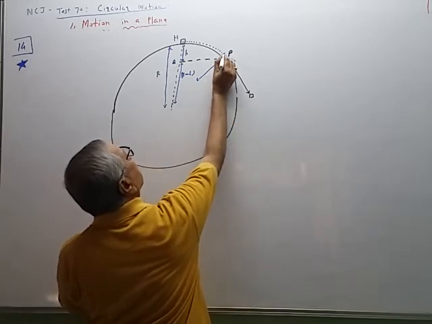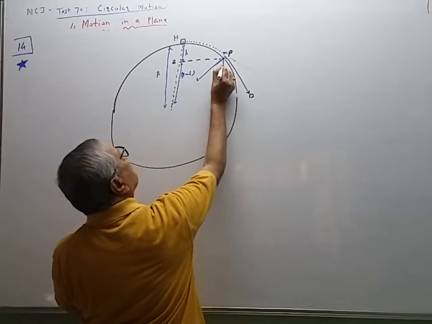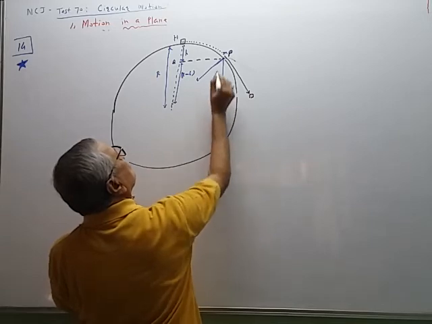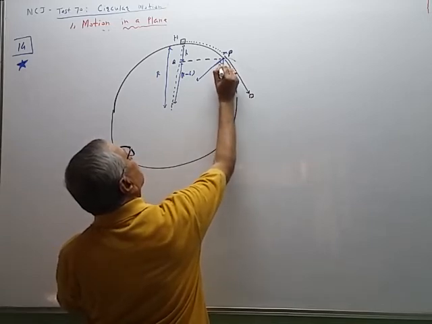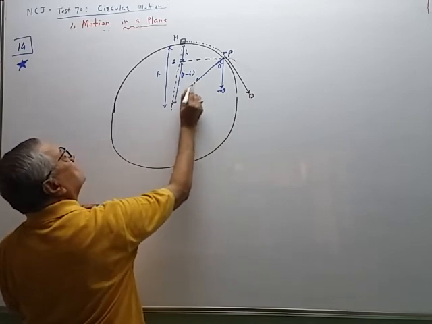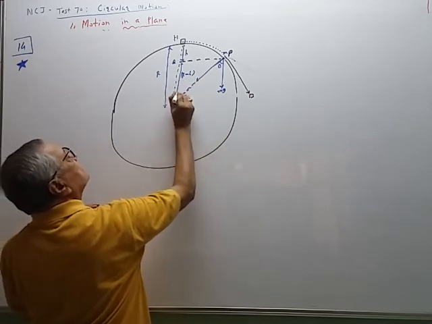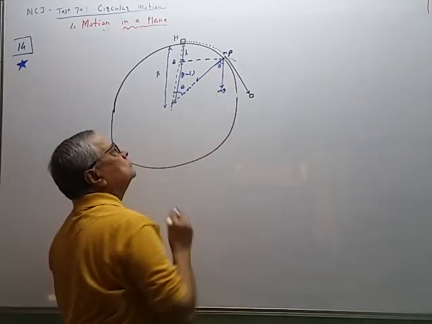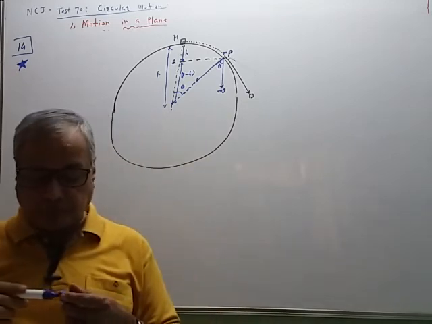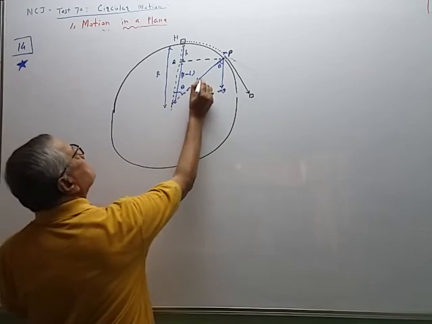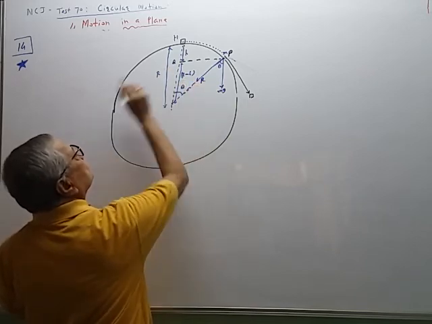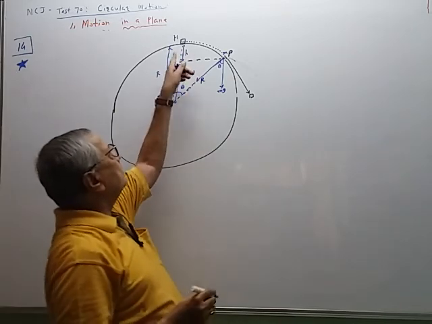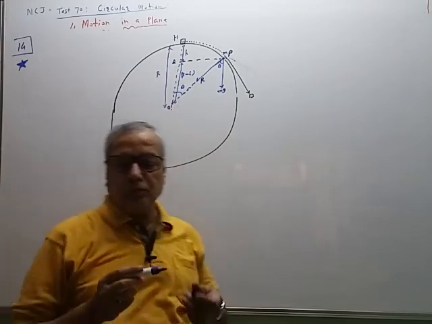The weight is mg, acting in this direction. We will assume this angle as theta, so if this angle is theta, then this is also theta. This is R, this is also R. So O, P, Q, H are the different positions.